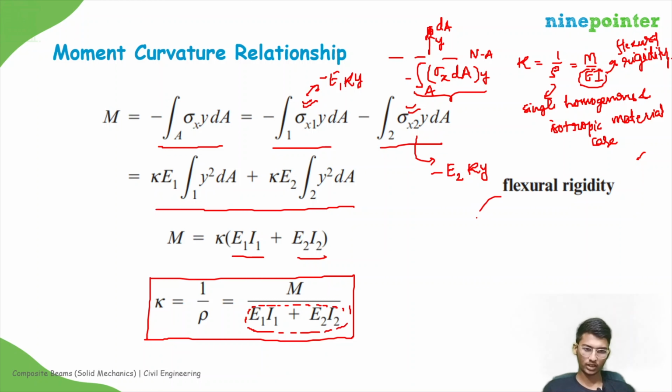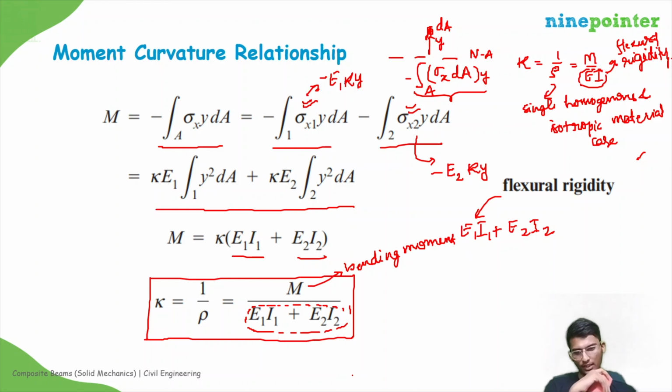So this represents the flexural rigidity of this composite beam. The flexural rigidity of the composite beam is E1 I1 plus E2 I2. Okay. And this is the bending moment at that cross section. In the pure bending case, the bending moment will be constant, right? So the bending moment is constant, and E1 I1, E2 I2 are constant for a prismatic bar. So the radius of curvature for a prismatic bar in pure bending will be constant, right?